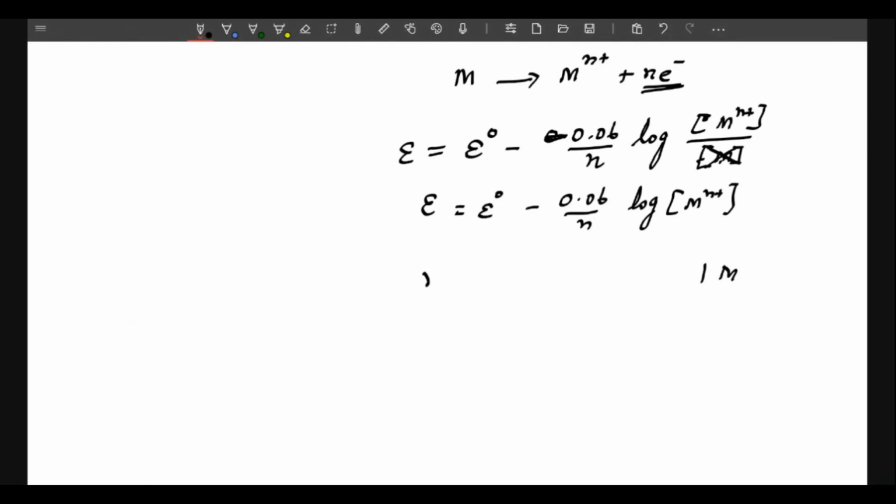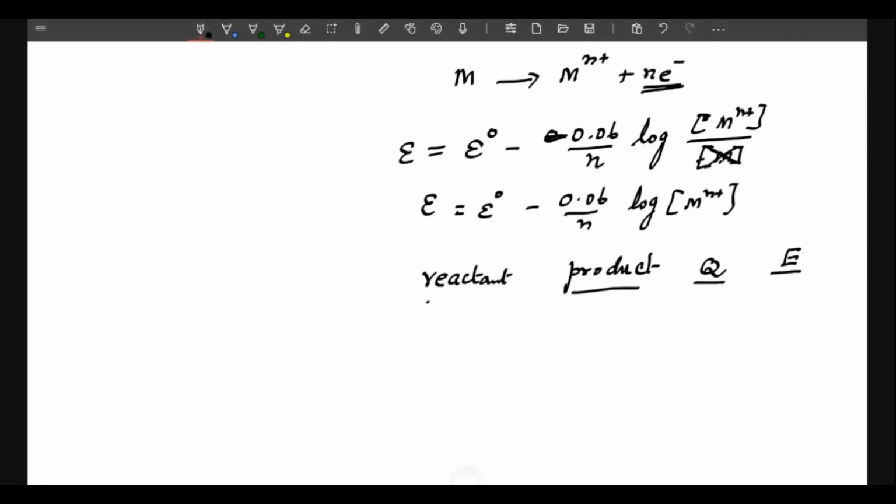Therefore, you can make use of the reactant concentration and the product concentration. Therefore, what about the quotient value? What about the E value or epsilon value?